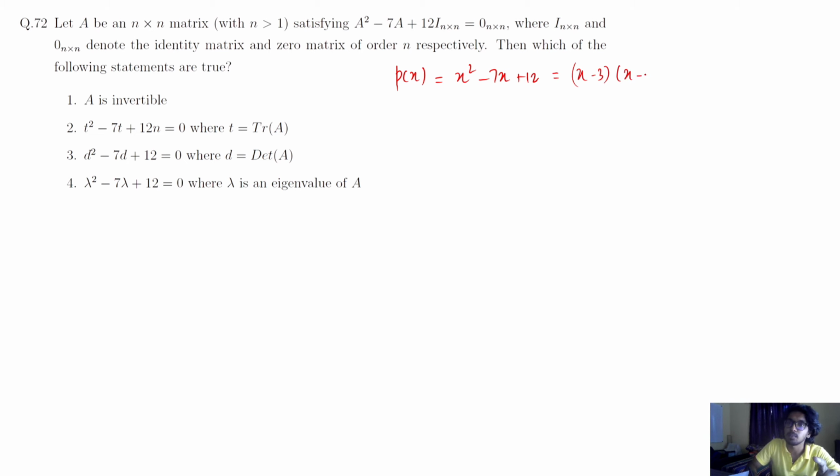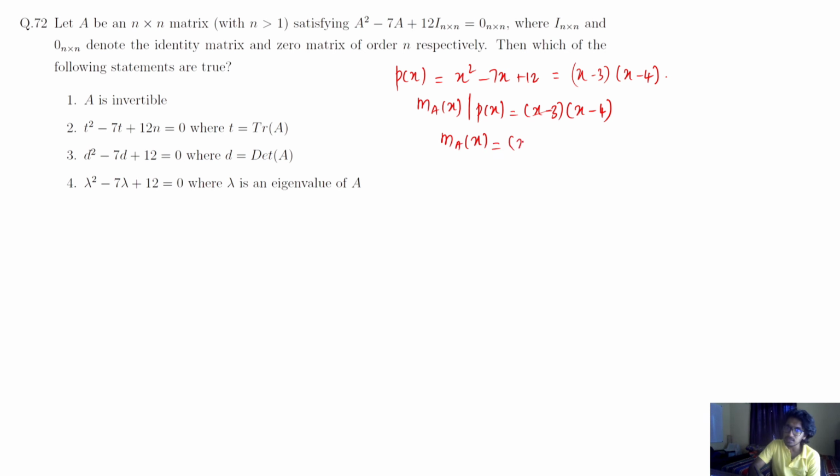Therefore the minimal polynomial of this matrix should divide this polynomial. Since it involves only linear factors, the minimal polynomial itself is x minus 3 times x minus 4.